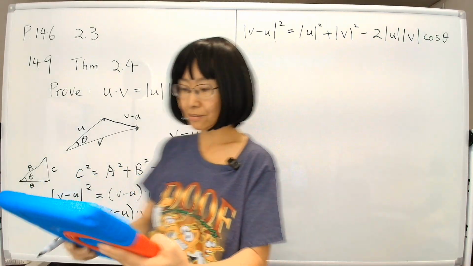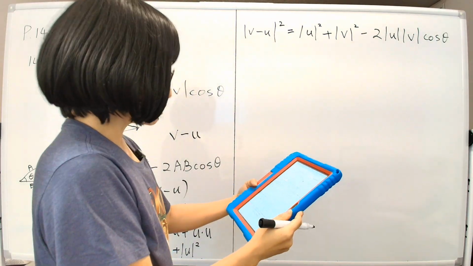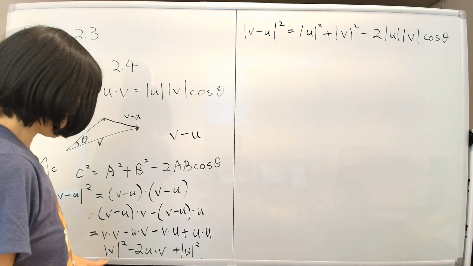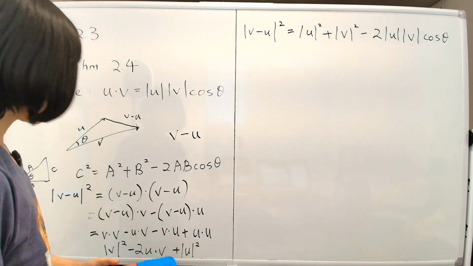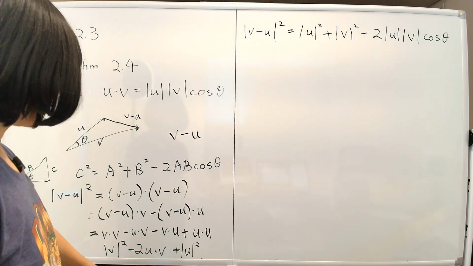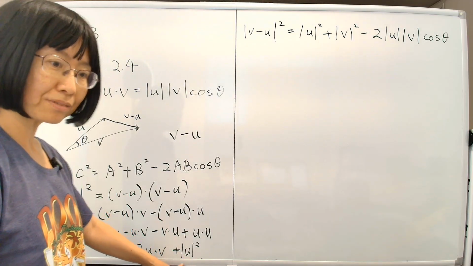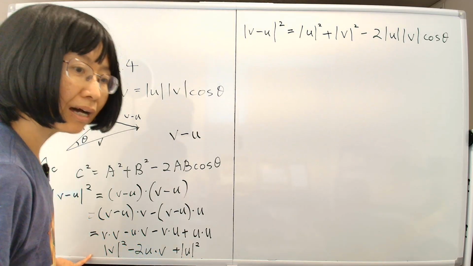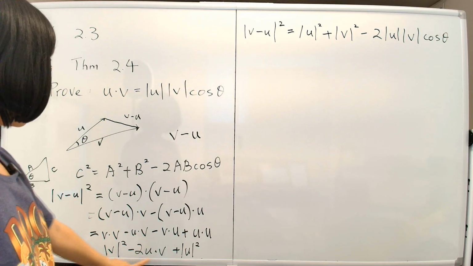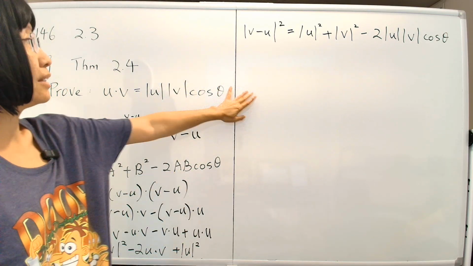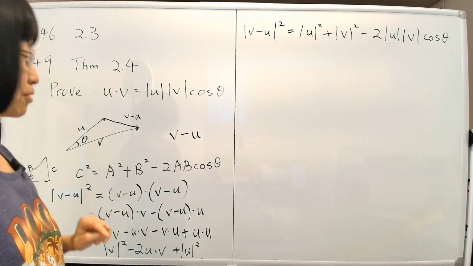All right, so far so good. And at this point, we are going to plug in what we just came up with, this stuff right here. Now look at this stuff. This is v minus u squared because we just did it down here. If you plug it in there, there's v squared and u squared on this side, v squared and u squared on that side.